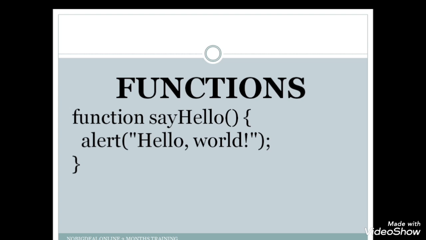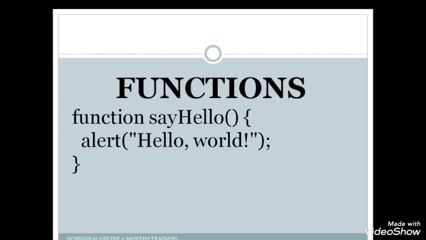So if you want to use a function in your code, you put function. Function is a keyword, just like the one that we said let when we want to create a variable. Function tells JavaScript that we are defining a function. It lets JavaScript know that we want to use a function.